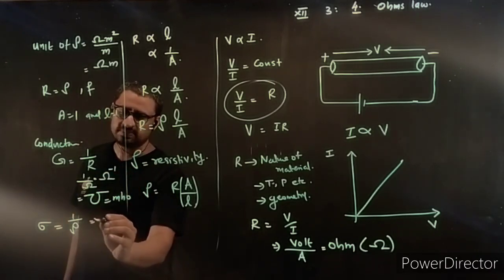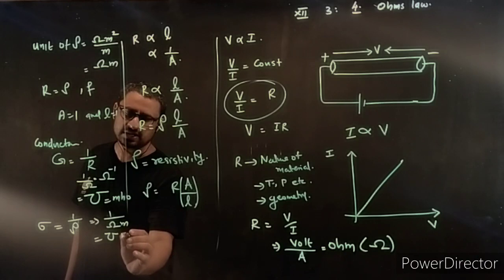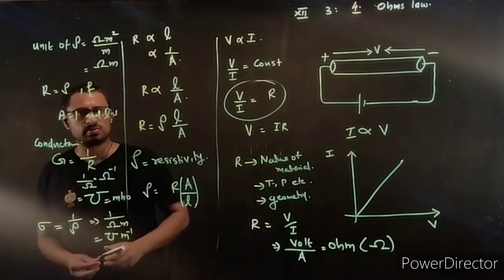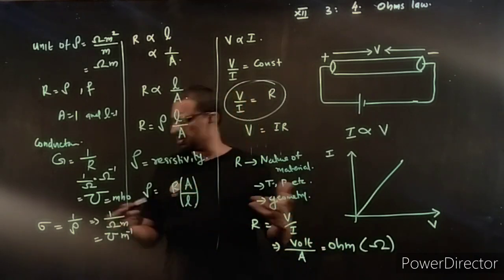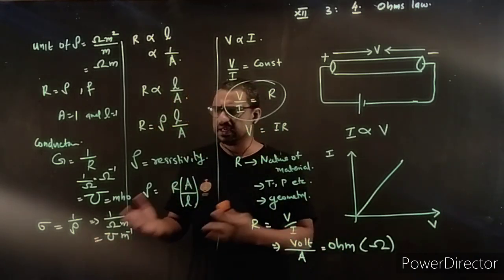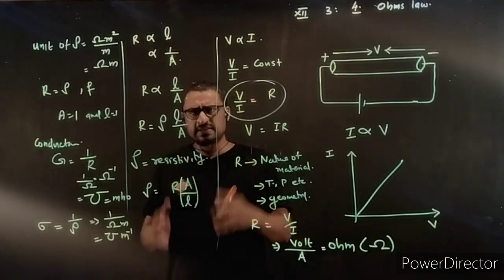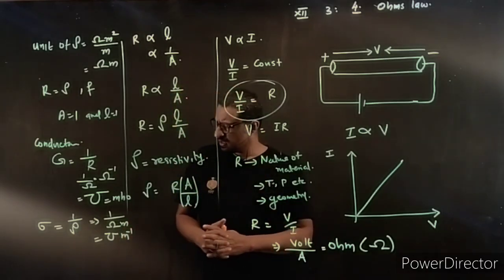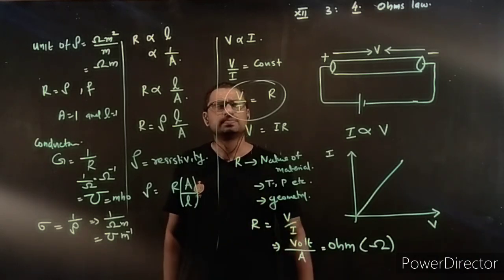So its unit will be 1 by ohm meter. That is equal to mho meter raised to minus 1, or Siemens meter raised to minus 1. So all those are the different terms. This is the basics of Ohm's law. Okay, that's all.